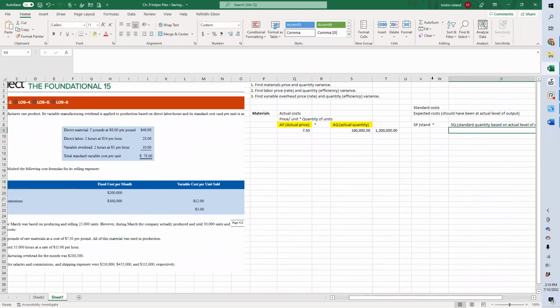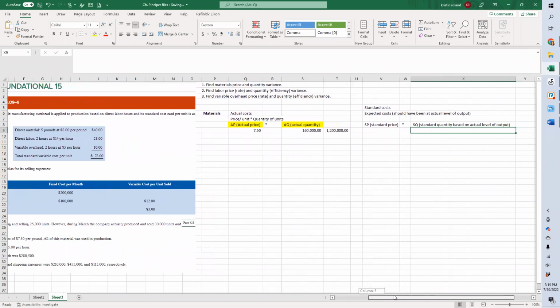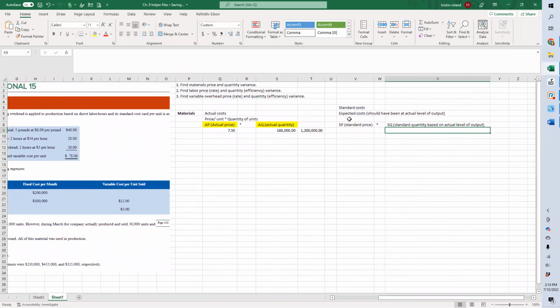Just make this a little bit bigger so you can see. Okay, so the expected cost or standard cost, right? The total is going to be made up of the standard price per unit times the standard quantity, right? The amount of direct materials that we expect to use based on the actual level of output.